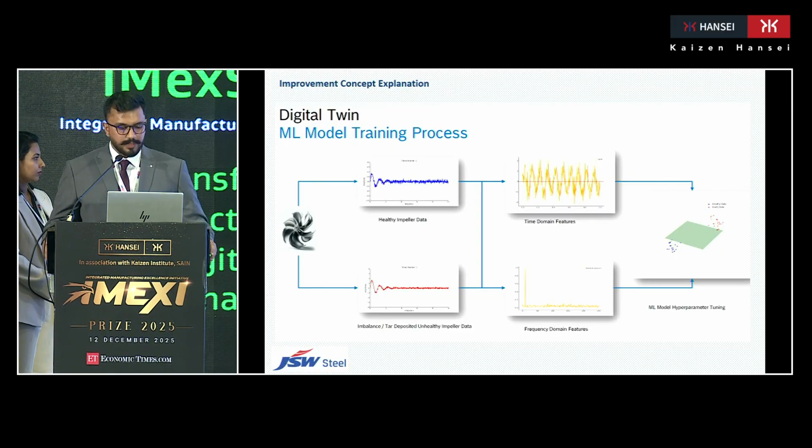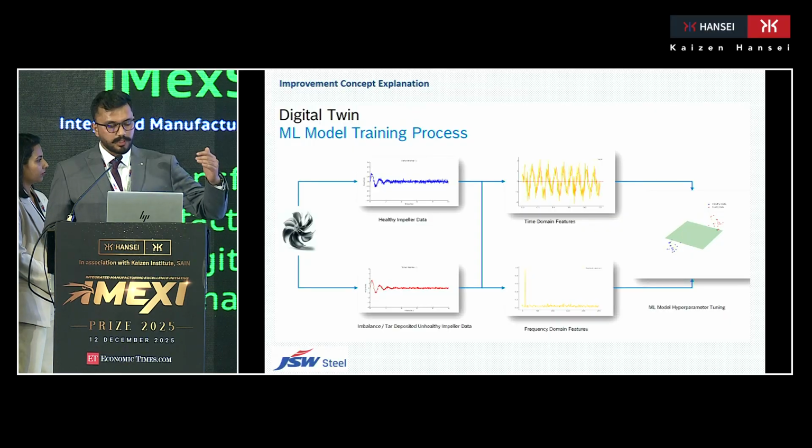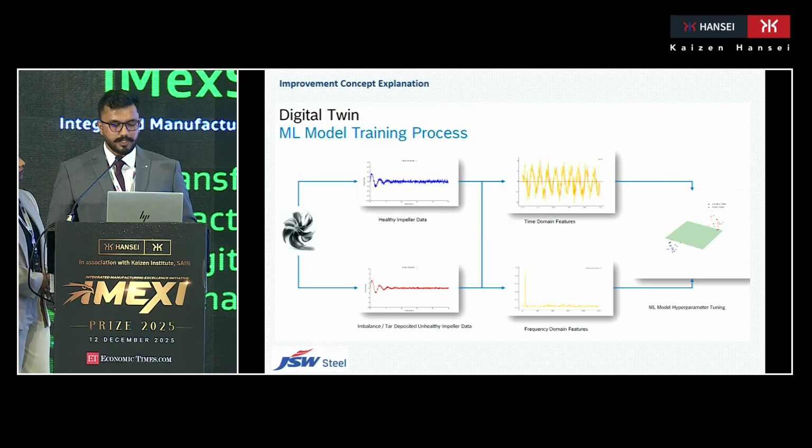Let's say in impeller, we have a synthetic healthy impeller data and a faulty data. This data is compiled and continuously monitored with the live data which is being fed from the field, and it has been trained to compute the data within the time and frequency domain, and the hyperparameter tuning is done.